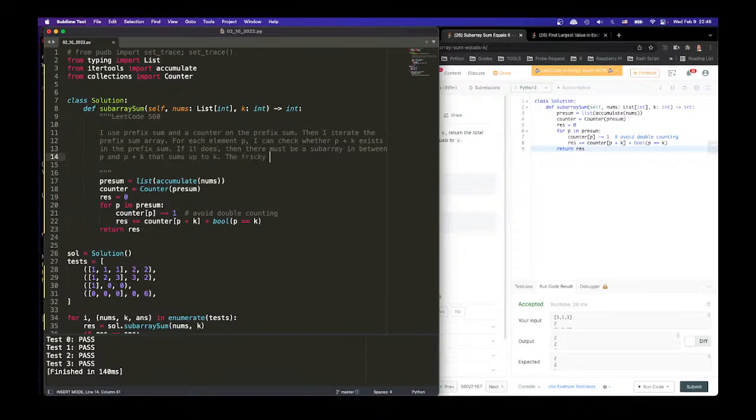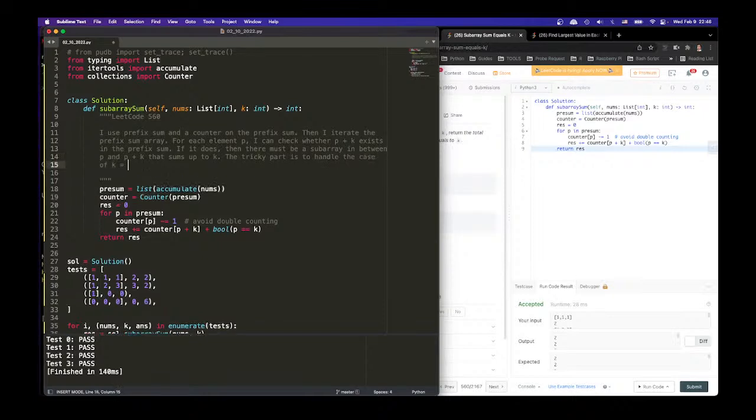Now the tricky part is to handle the case of k equal to 0 and nums containing 0.